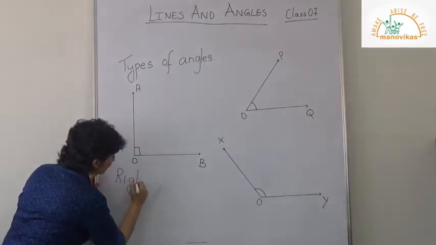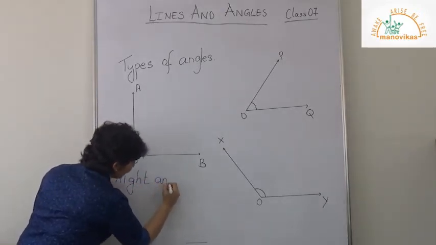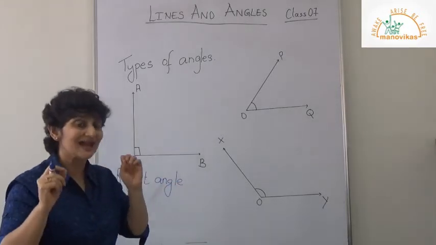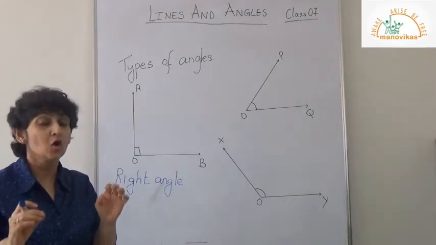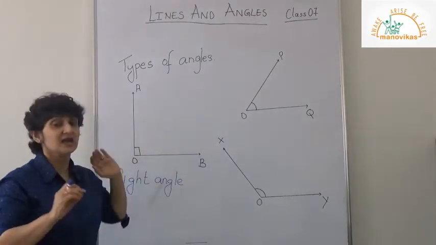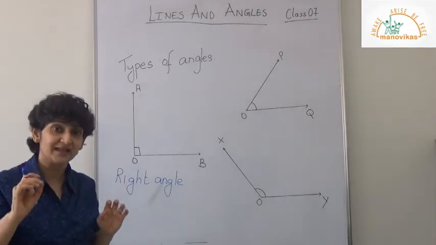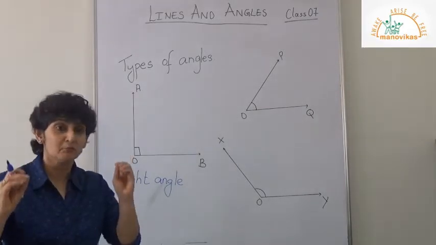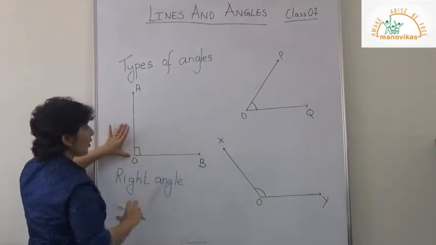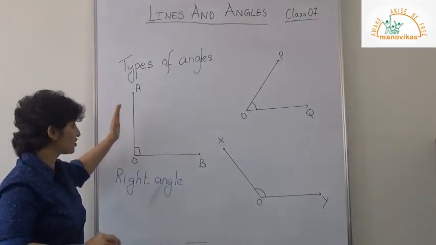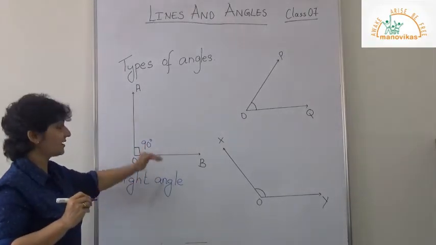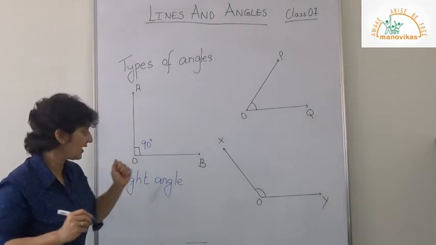What do I mean by a right angle? An angle whose measure is 90 degrees is called a right angle. When I take my protractor and keep it on this angle, it measures 90 degrees. So this angle is called a right angle.